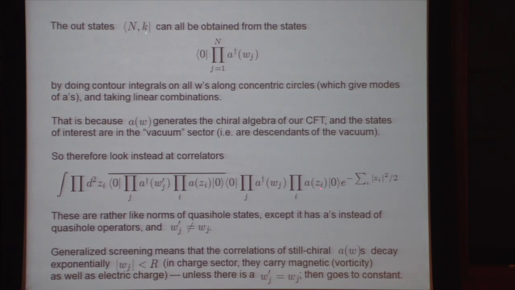This Z_i is the same as this Z_i. And we have some other operators, A's, A daggers, and A dagger bars. And these can be at different positions because we have to take the mode expansion for the function and the conjugate separately. So this is rather like looking at the norms of quasi-hole states, except instead of quasi-hole operators, we have A daggers, and also the W's are not equal to the W primes.